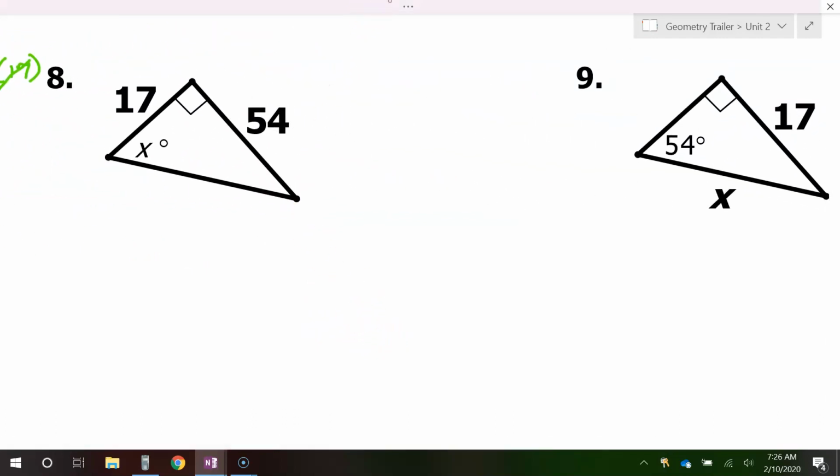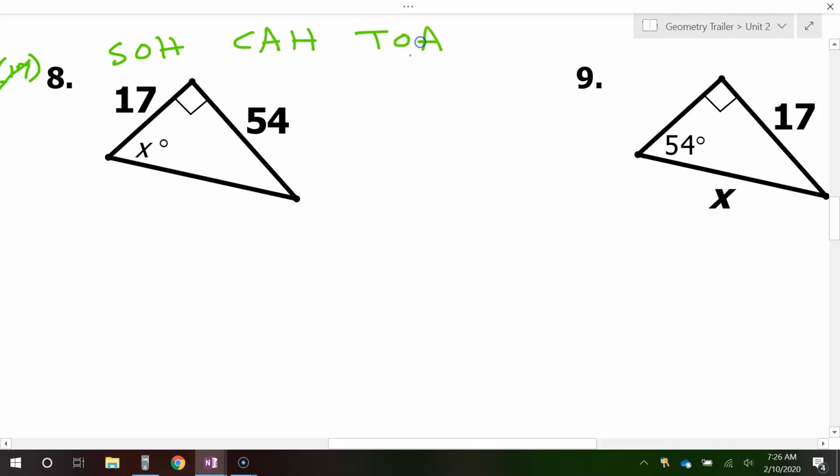All right, number 8. All right, let's get ready with SOHCAHTOA. All right, where's the hypotenuse? It is always across from the 90-degree angle, so this is the hypotenuse.